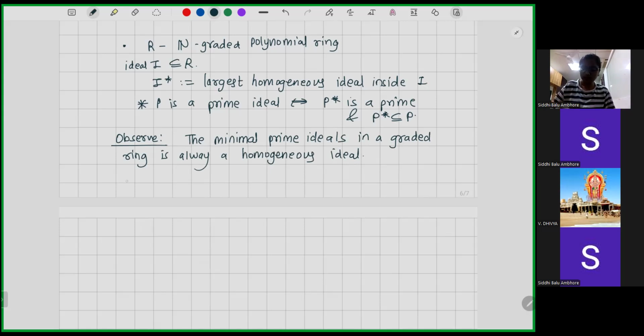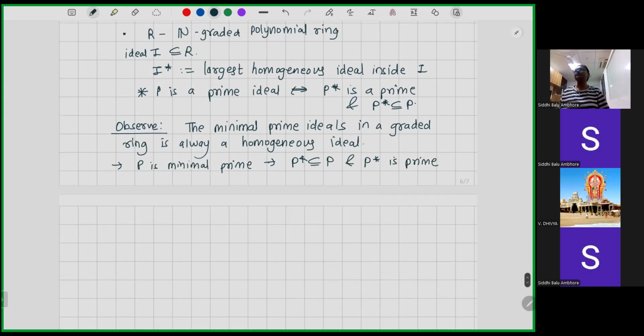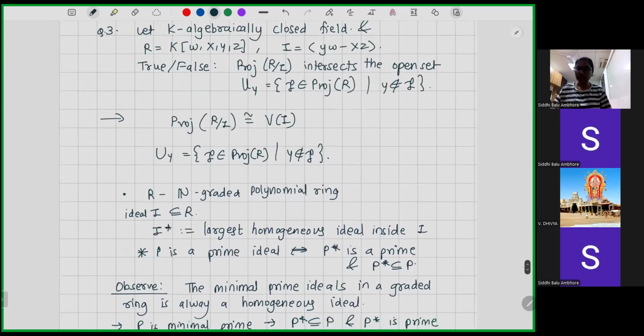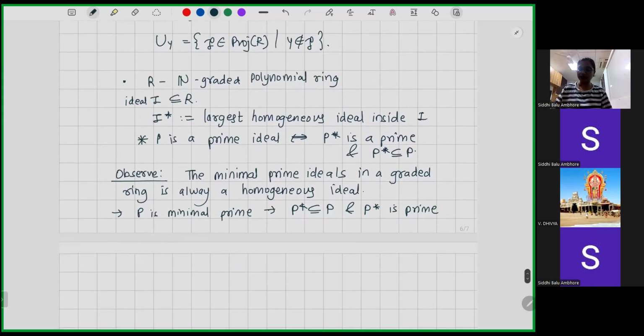Can you see this? Why is this the case? Because P is a minimal prime. And by this we have P star contained in P, and P star is a prime. But P is a minimal prime. So if there is some prime ideal contained inside P, then that prime ideal has to be equal to P. Okay, so let me write this here.